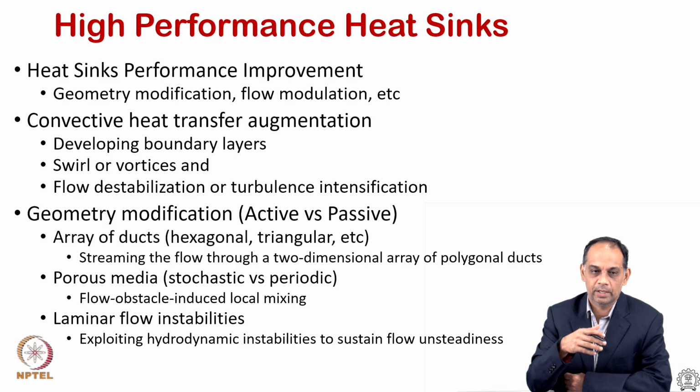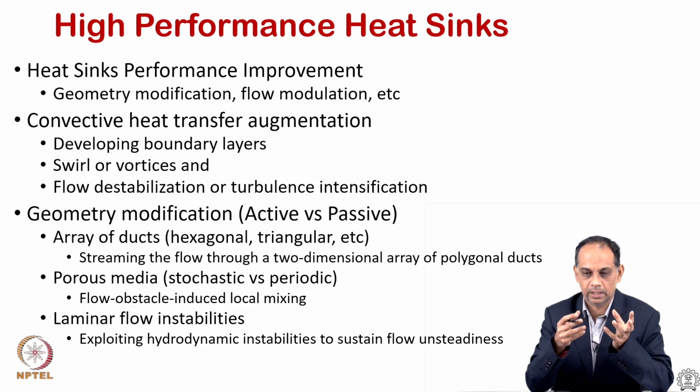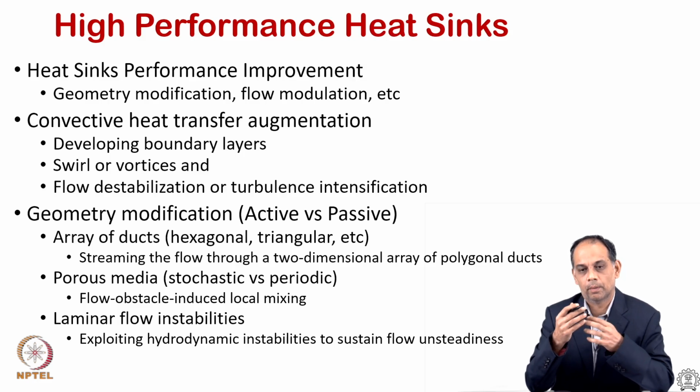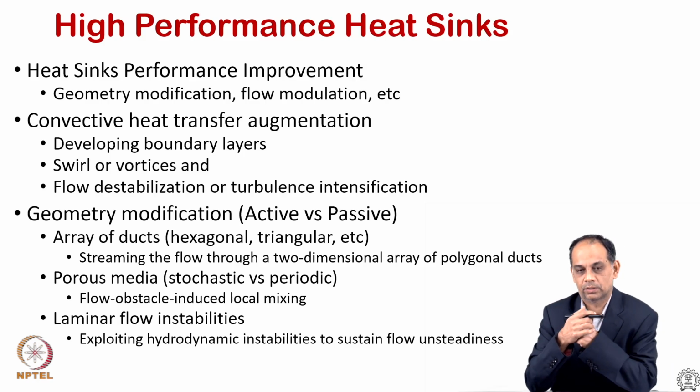There are many ways one can do it, actively by moving parts, or passively in terms of making an array of ducts. Essentially an array of ducts consists of a hexagonal array, triangular array, or square array, rectangles and so on, where you increase the surface area and somehow manage the increased surface area as a way to increase the overall heat transfer coefficient.